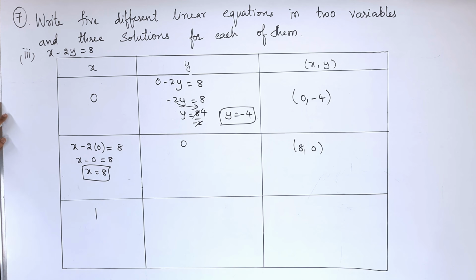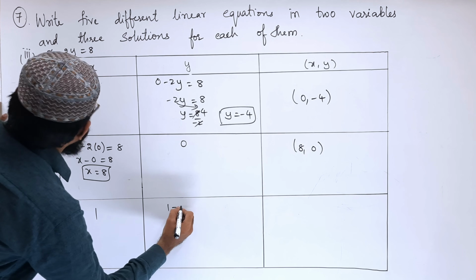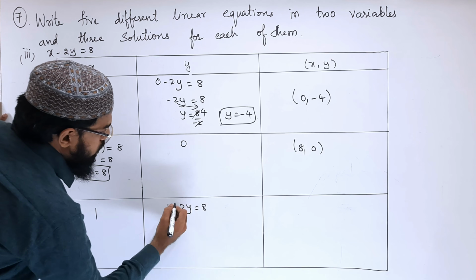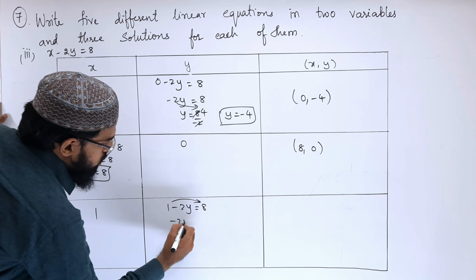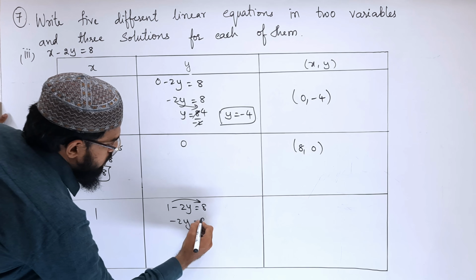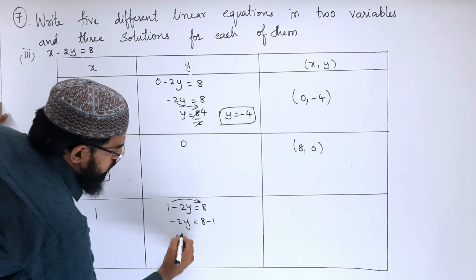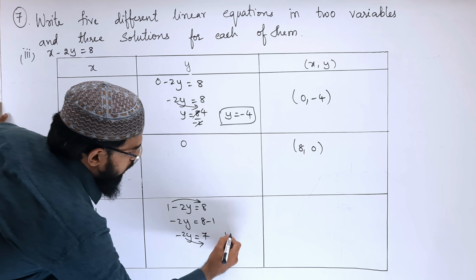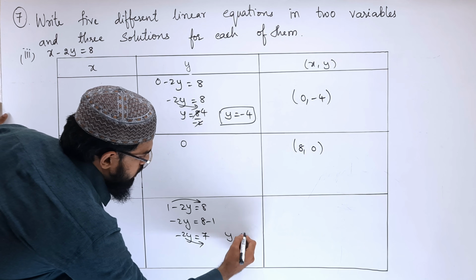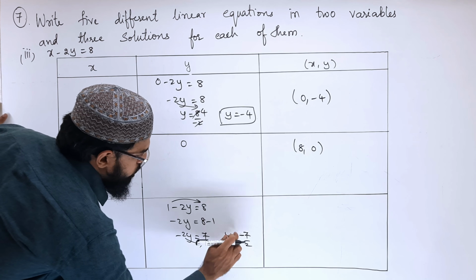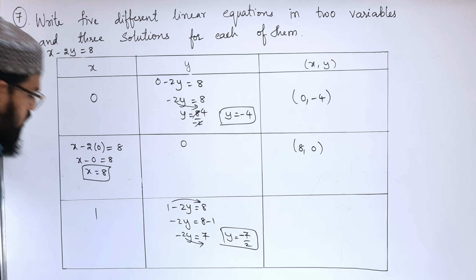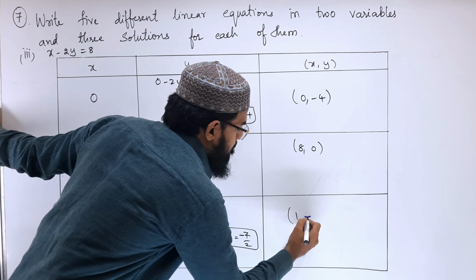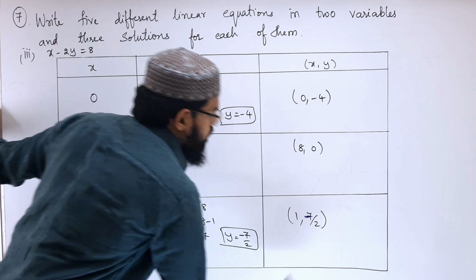When x is 1, 1 - 2y = 8. 1 goes to that side. -2y = 8 minus 1. So -2y = 7. -2 goes down. y = -7 by 2. (1, -7/2).